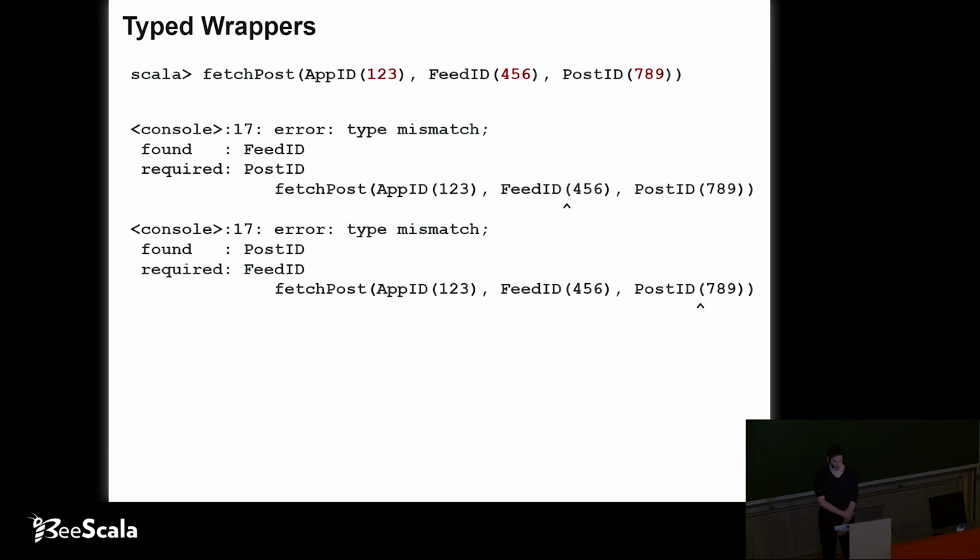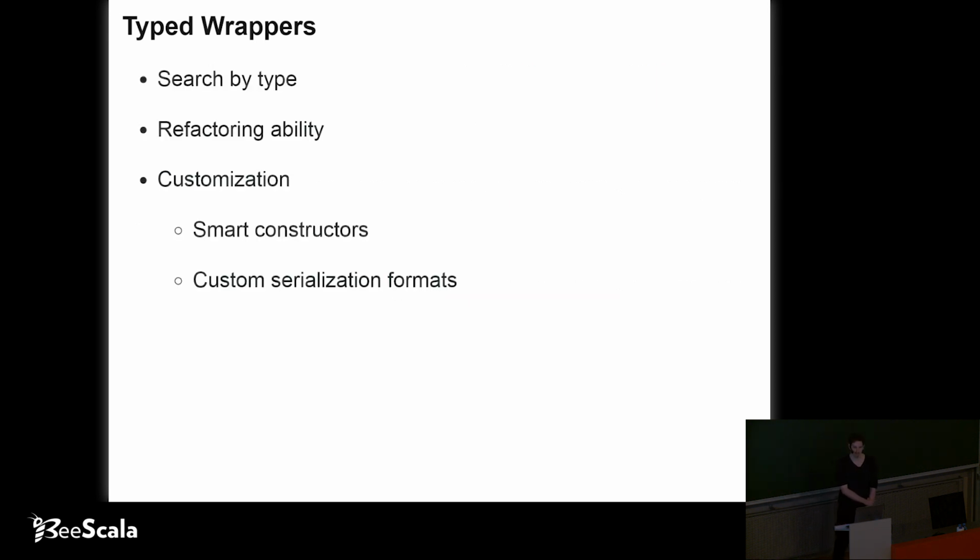These small type wrappers are actually one of the most useful techniques I have in my code, I think, because just spreading them around makes lots of things much easier. For example, we can now search by type. If I want to ask the compiler, where do you use application IDs in our code, we can just search for the application ID type, and it will find all the usages for us.